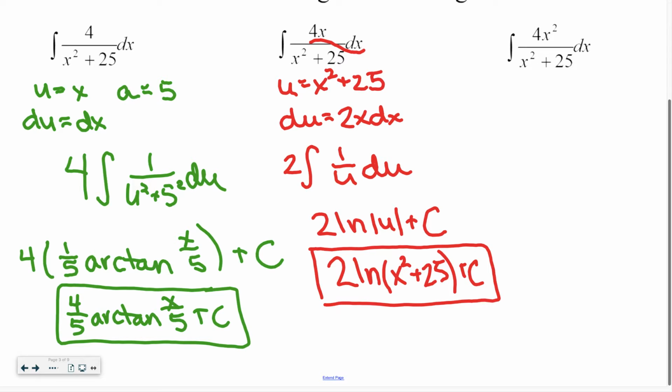We have 4x squared in the numerator. So we now can no longer do u substitution because we don't have that relationship from u to its derivative. Did you have to do that fraction thing, with the A and the B?